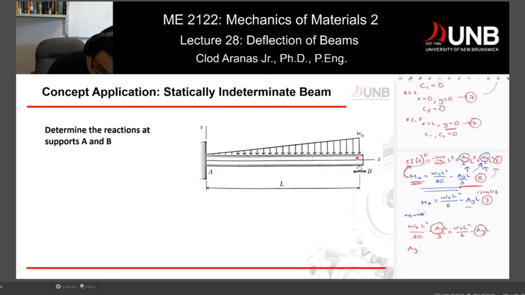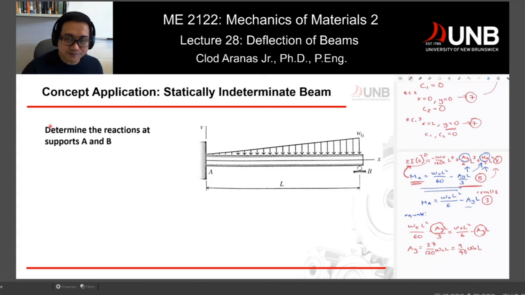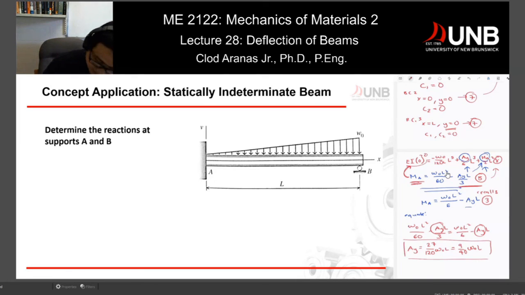In this particular case, A sub y would be 27 over 120 W naught L, or 9 over 40 W naught L. So that would be the value for A_y.